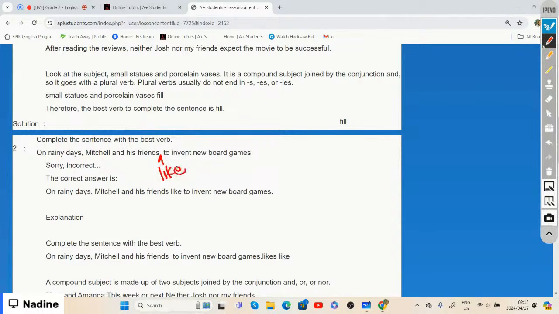Like is our best verb to complete that sentence.